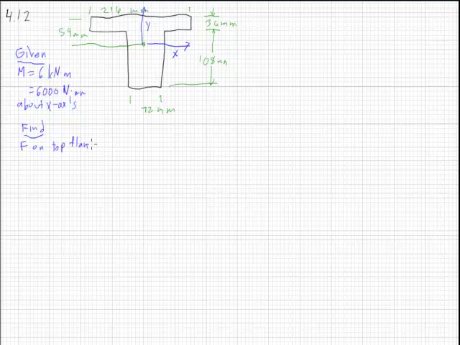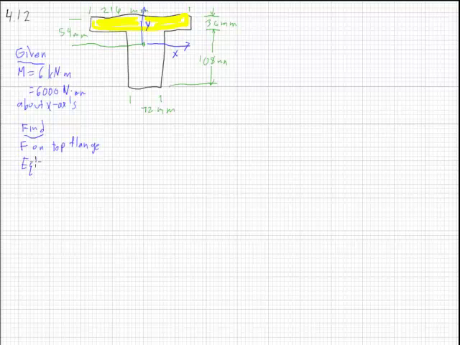So this top flange has this kind of area. That's all those top flanges, is this area. So this area is taking a certain amount of load. So that will give an indicator of what we need for our equations.